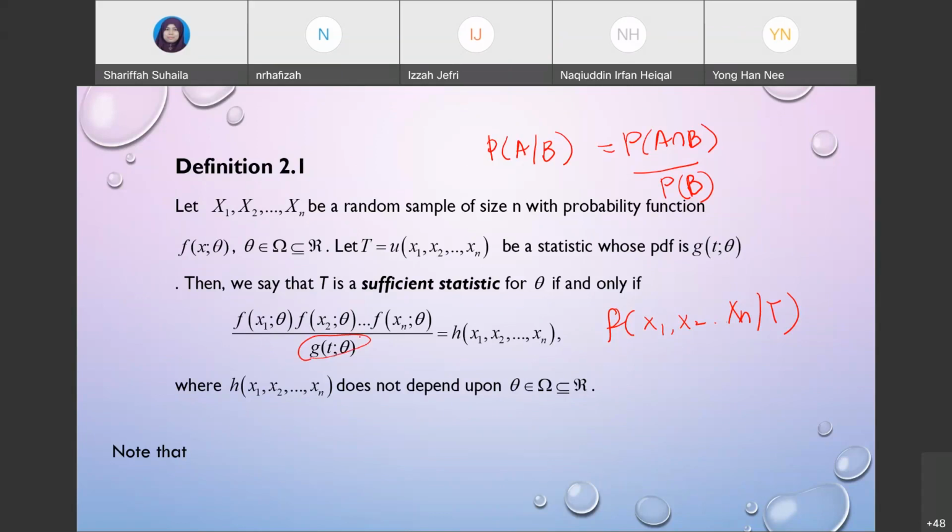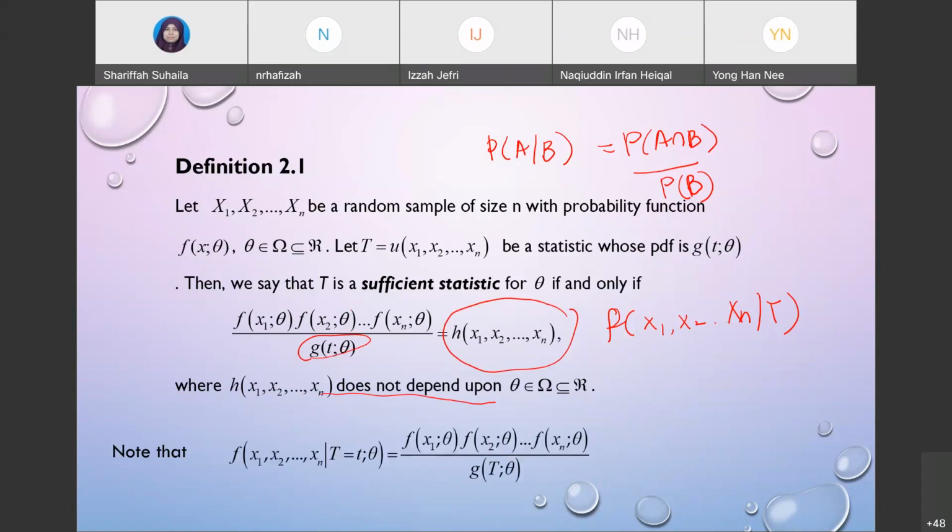So if you get the conditional probability, let's say we denote it as h(x1, x2, xn), which does not depend upon theta, in this case your T is called a sufficient statistic. This is the joint PDF divided by the PDF of T distribution tadi.